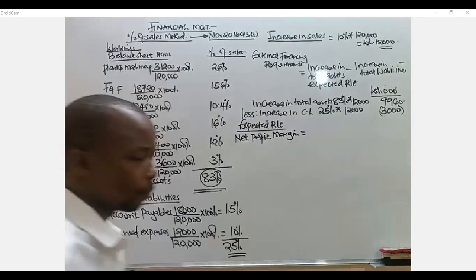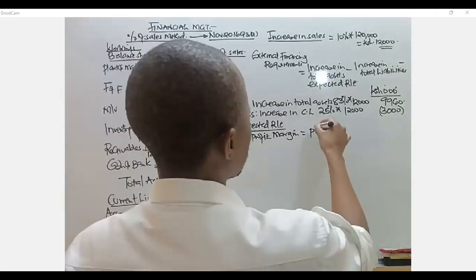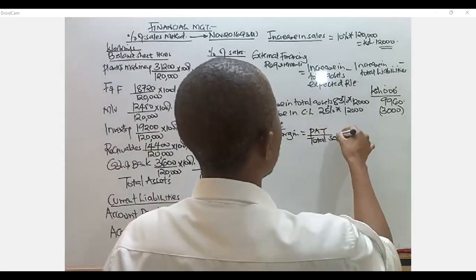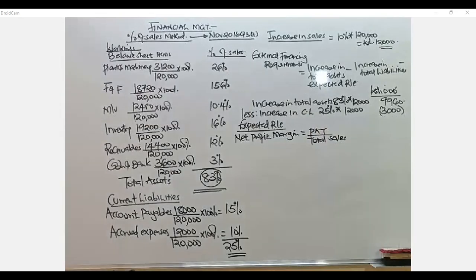The net profit margin is equal to the profit after tax divided by the total sales. Looking at the year 2015, because there is an analysis for 2015 and 2016 as per note number 3, let us start with 2015 here.